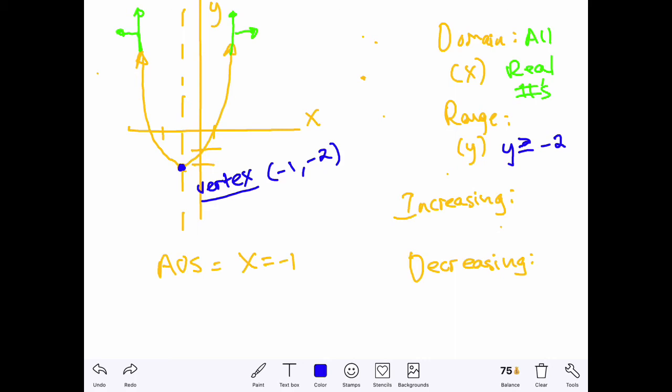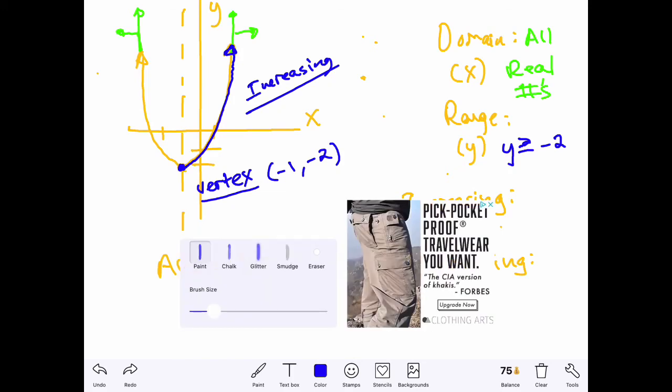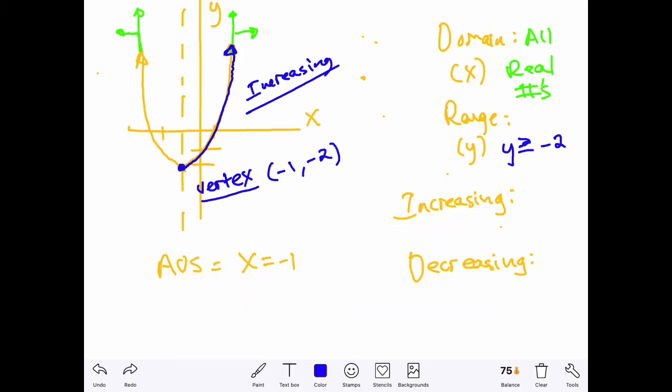Okay, where is it increasing? Well, we defined before that when it's doing this kind of motion on the right side, that's what we said was increasing. Well, how would we define that? Well, let's define it as an x value. When x is greater than, well, all values greater than -1, it'll be increasing.